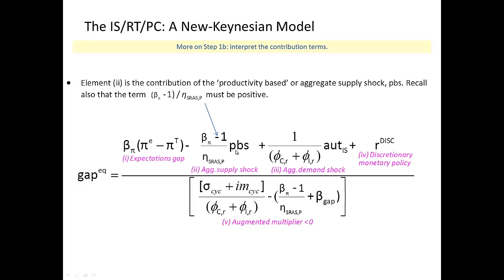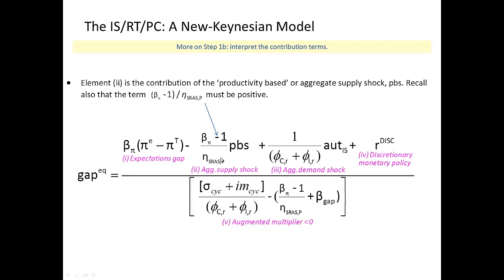And then if you have a favorable shock to aggregate supply, then your output gap should go up. So one example of a shock to the short-run aggregate supply curve is the price of oil. If oil prices go up, gap goes down. Oil prices go down, gap goes up.